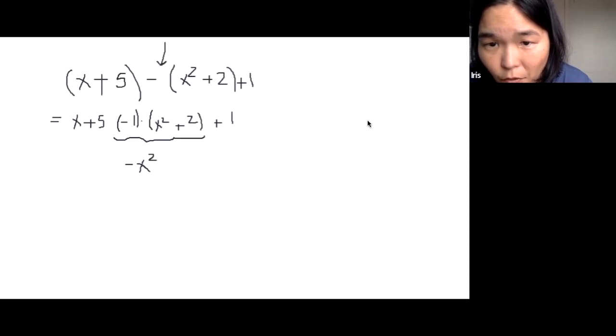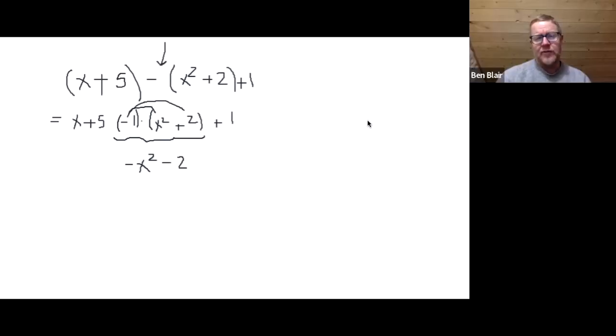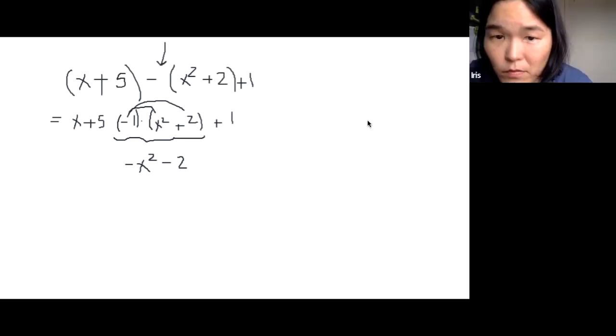And then what I'm saying is don't forget the distributive rule. You have to go to this one and this one. So -1 times x squared would be -x squared, and -1 times 2 would be -2.